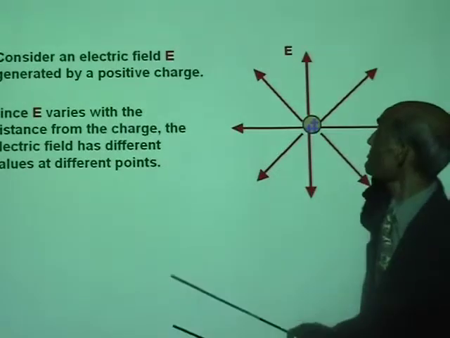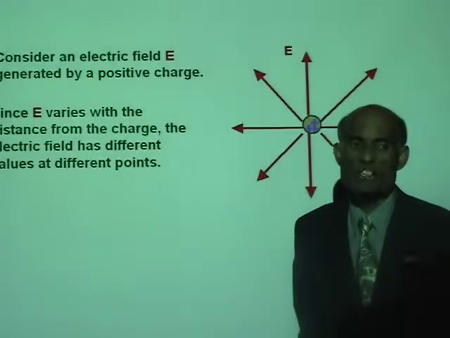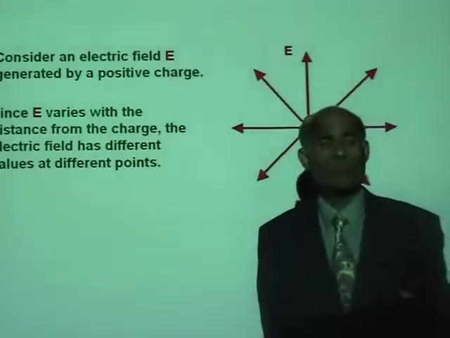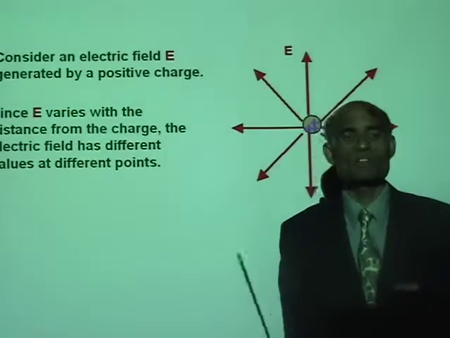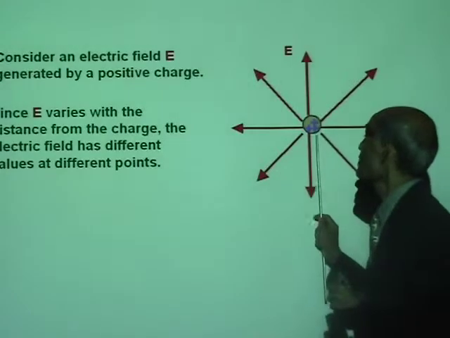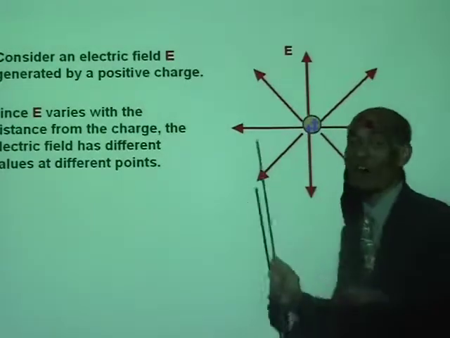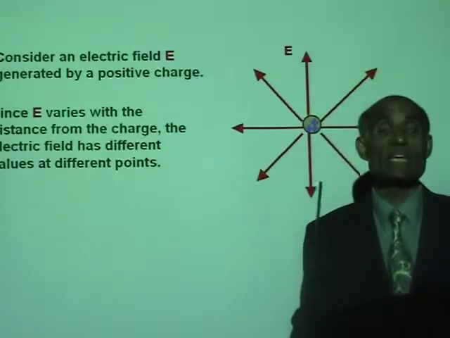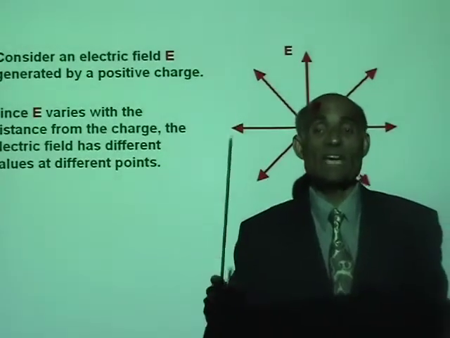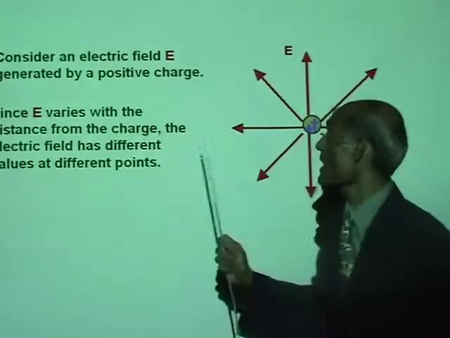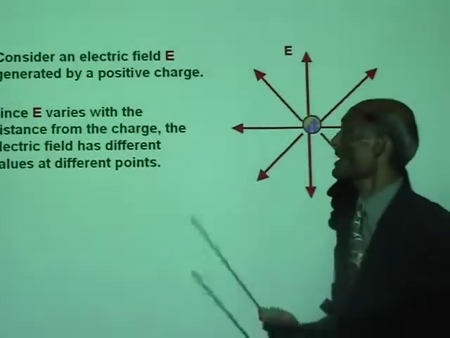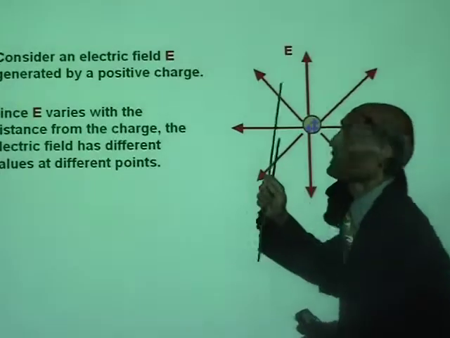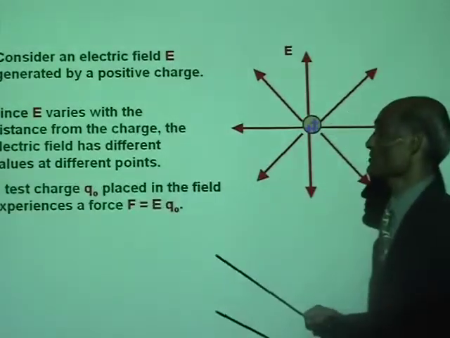Now, what is the equation for intensity of electric field at a point? The strength of the electric field at a point, distance r from a charge. Anybody recall that? Electric field E equal to kq over r squared, where r is the distance. So as the distance changes, the electric field also will change.